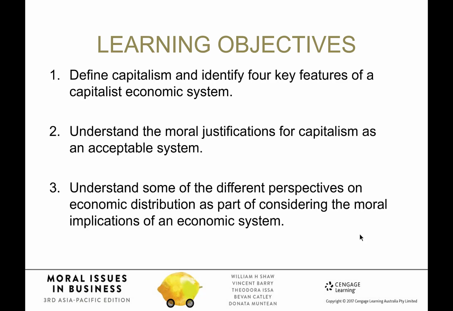You should be able to define capitalism and identify 4 key features of a capitalist economic system; to understand the moral justifications of capitalism as an acceptable system; and to understand some of the different perspectives on economic distribution as part of considering the moral implications of an economic system. And as I said, in this part 1, I'm going to talk about Objective 1 and 2.